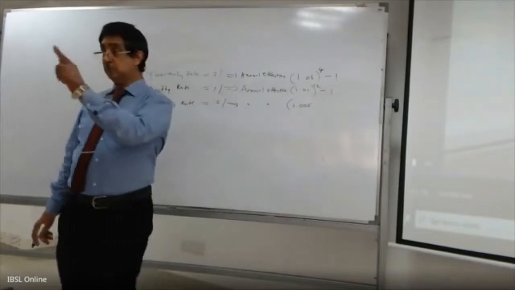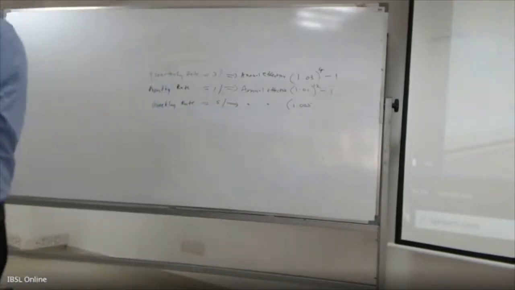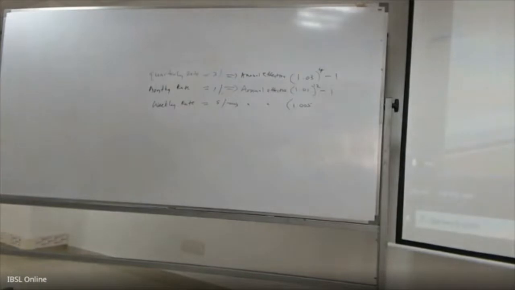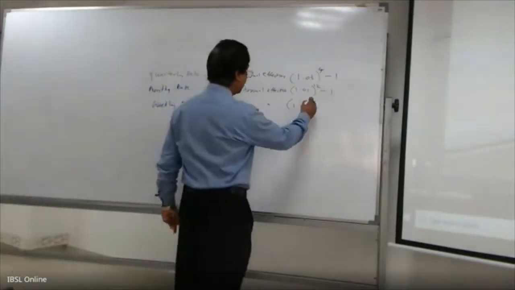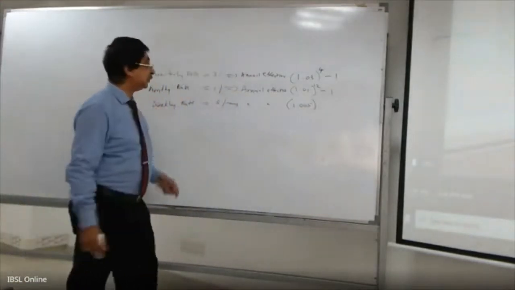Now you have to be clear about this decimal conversion. Sometimes you get the things in percentage form, but in calculations it has to be converted to decimal form. Now if you say 25%, in decimal form it is 0.25. If you say 0.5%, in decimal form it is 0.005. That is why I put 0.005 to the power of, week, so 52.